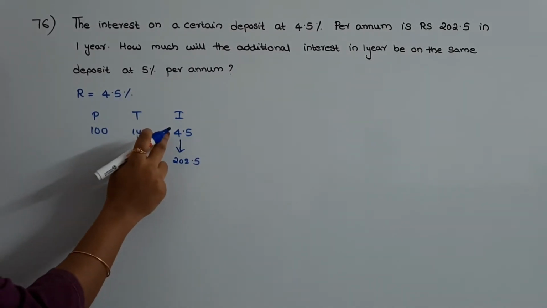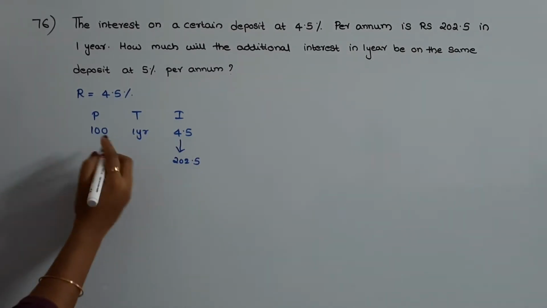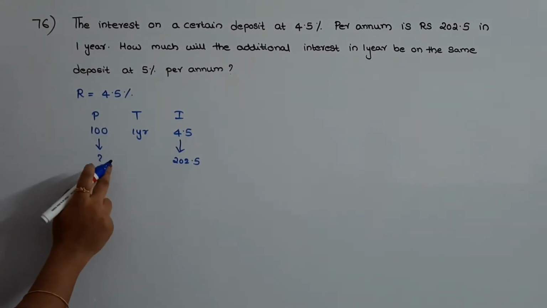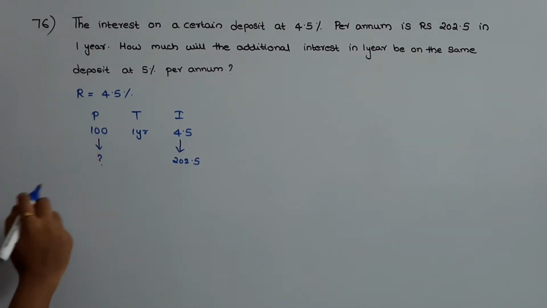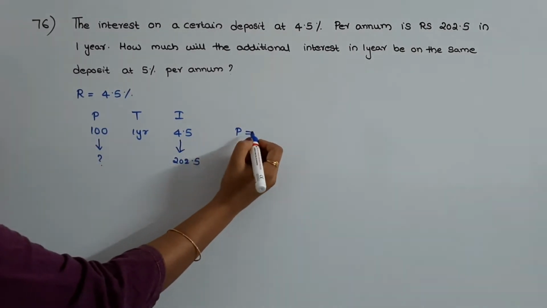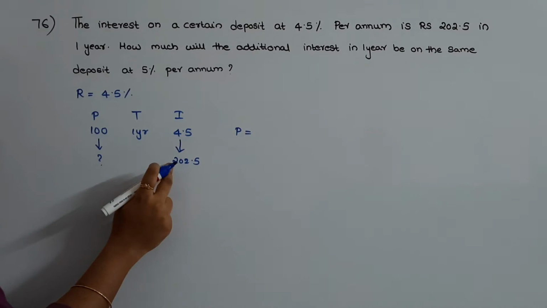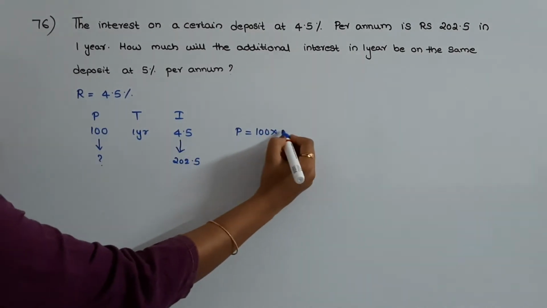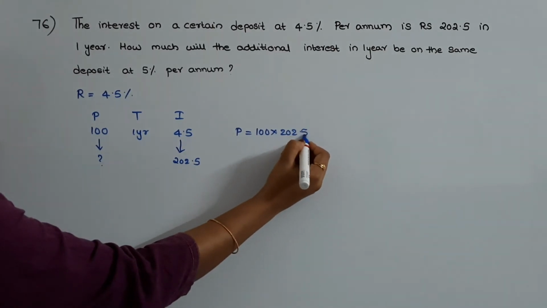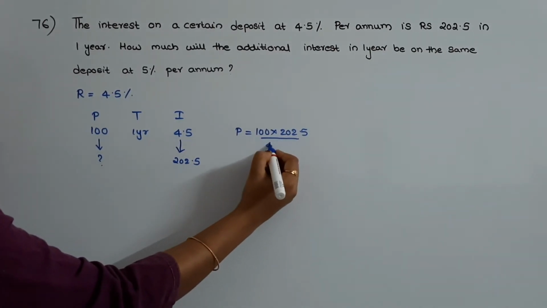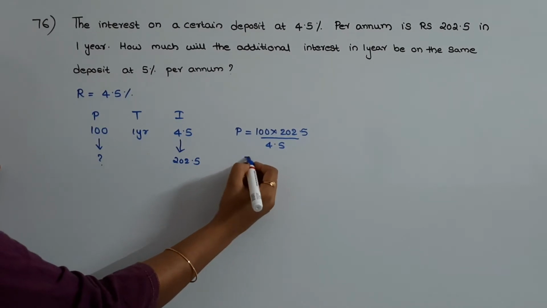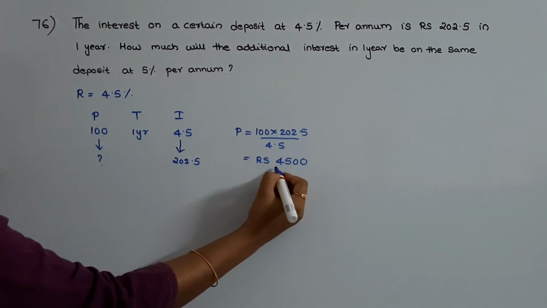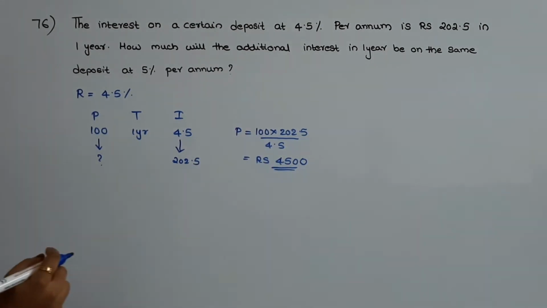If we can represent 4.5 as 202.5, how can we represent this principal 100? If you find this value, you will get the value of the principal. So principal is equal to 100 into 202.5 divided by 4.5. So that will be equal to rupees 4,500. Hence the principal is rupees 4,500.